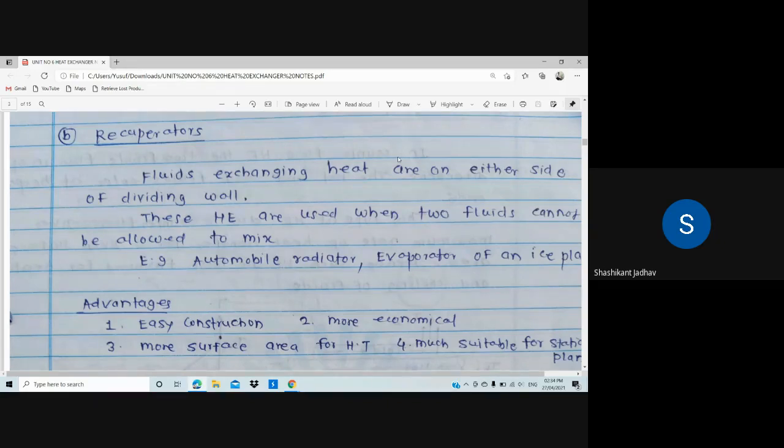Write down: fluids exchanging heat are on either side of dividing wall.